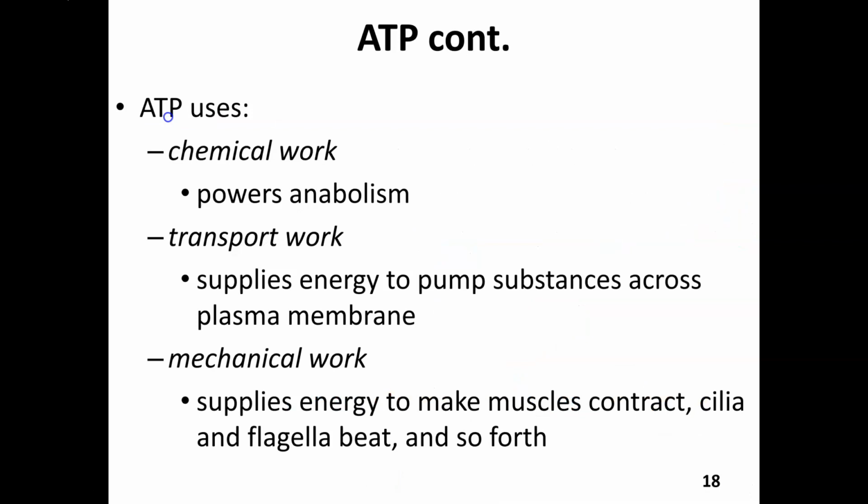So what do we use ATP for? ATP is used for pretty much all of the different metabolic reactions. So it powers chemical work. So anabolic reactions, build-up reactions, where we require energy for that reaction to occur.